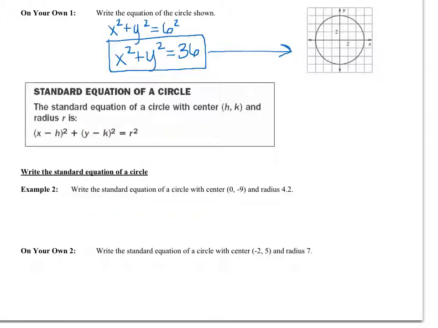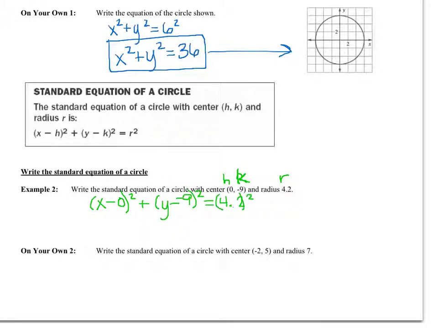So this problem, next one, write the standard equation of a circle with a center at 0, negative 9. So here's my h and here's my k with a radius of 4.2. So here's my r. So I'm going to say x minus 0 squared plus y minus a negative 9, I'm going to plug negative 9 in there, squared, equals 4.2 squared.